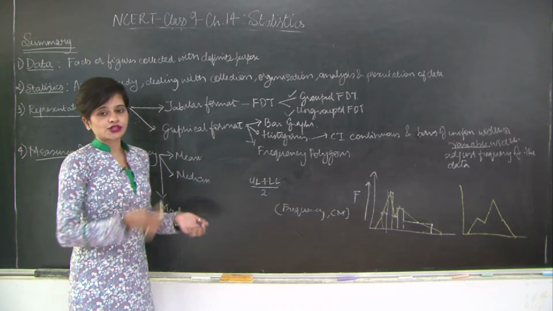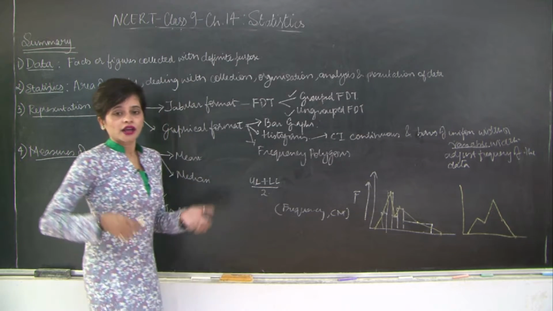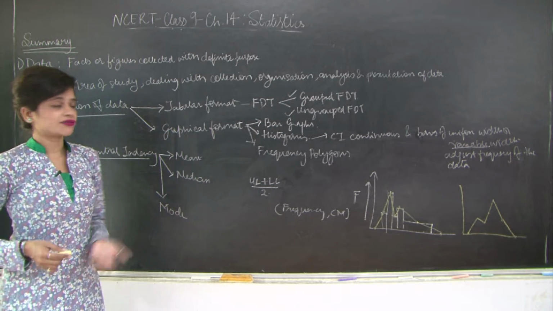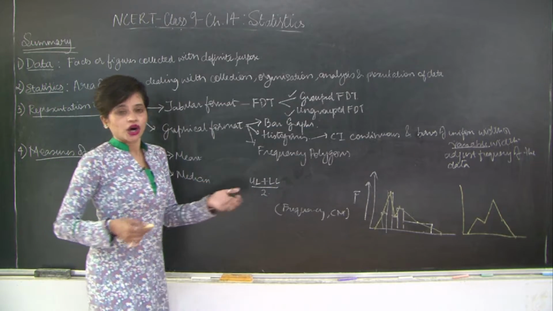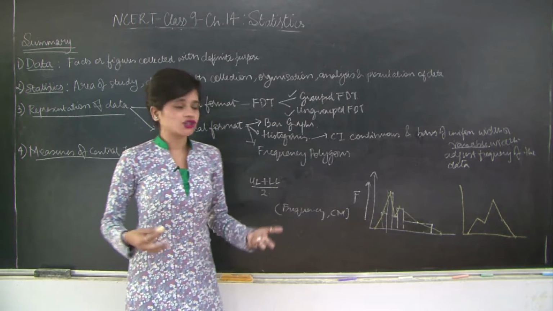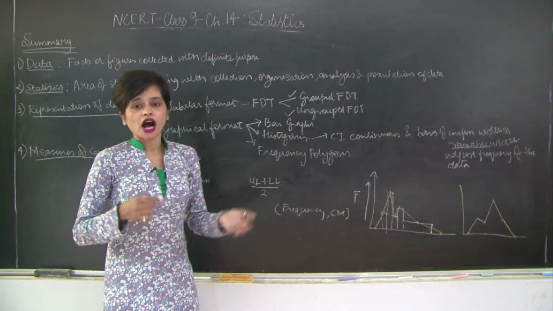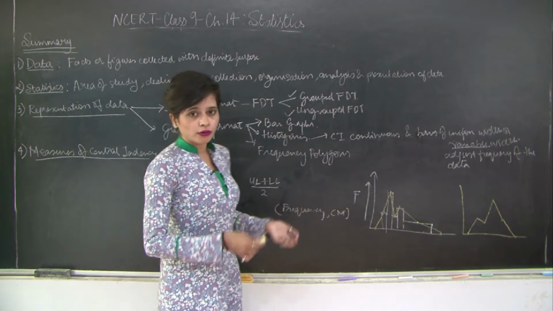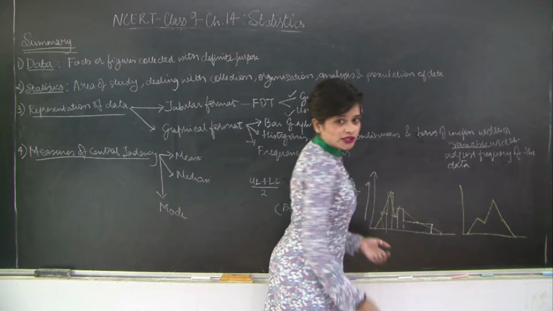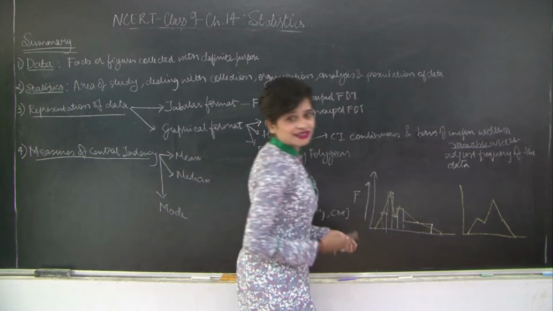Frequency polygons are usually drawn when we need to compare the observations of the same categories. For example, if there are two teams who are playing soccer or any match, then you need to compare how well they performed. Then you can have two frequency polygons plotted on the same graph sheet.